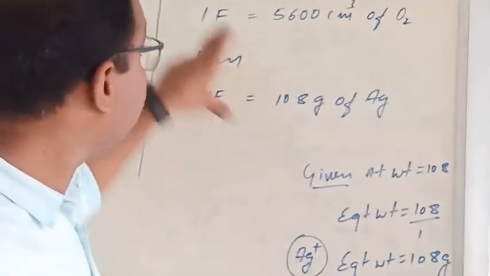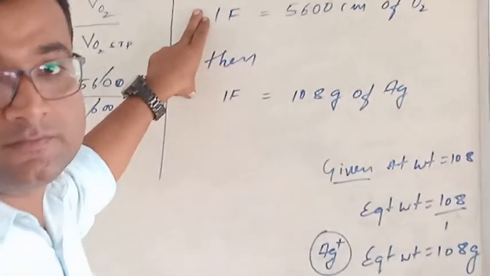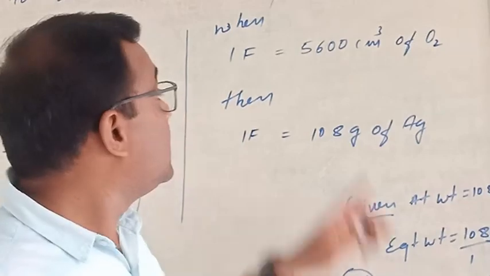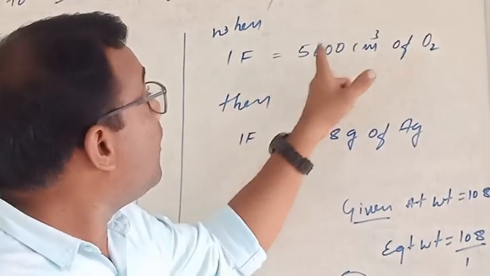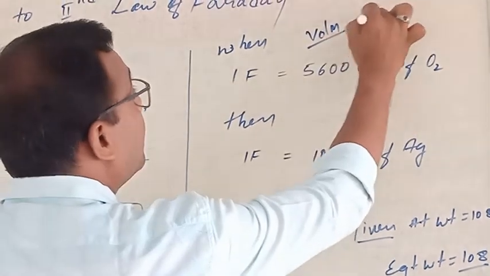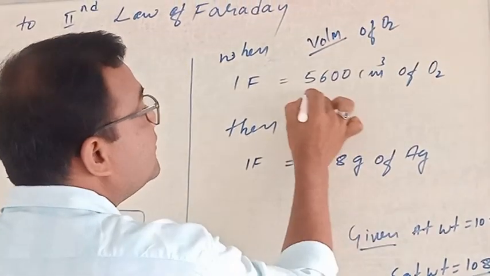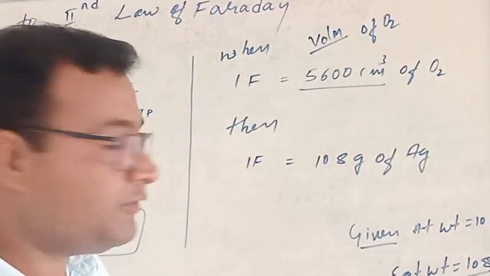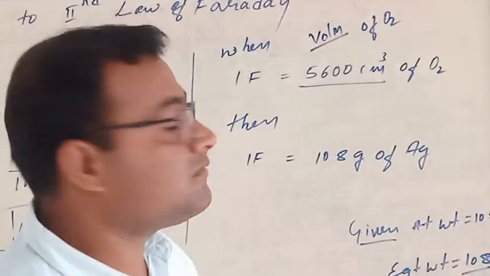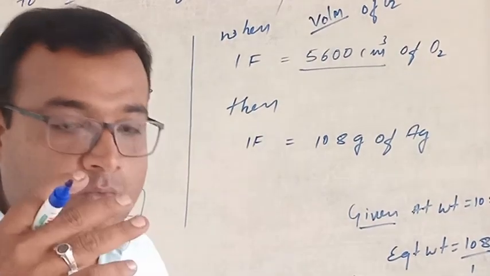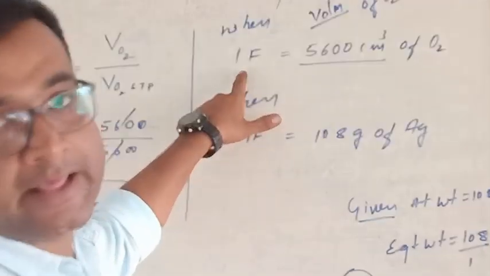Or by a single method, the basics of Faraday's law says that when 1 Faraday of current flows, the volume of oxygen released is 5600 cm3. Or in the inverse, when 5600 cm3 of oxygen gas is released, the quantity of current used is 1 Faraday.